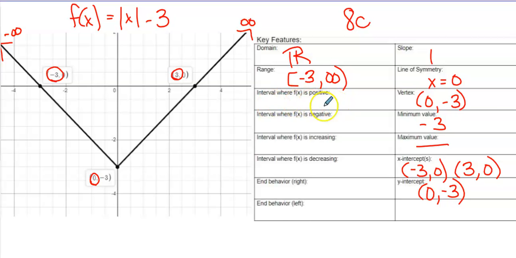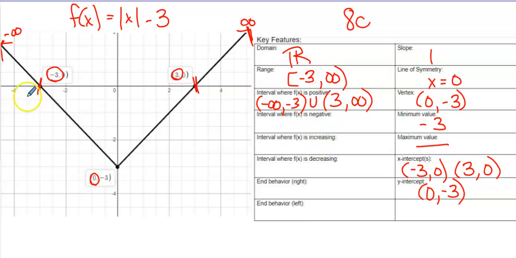So where it's positive, there's two intervals. There's this one from here to here, and there's from here to here. So negative infinity to -3, union symbol, or symbol, and then 3 to positive infinity.